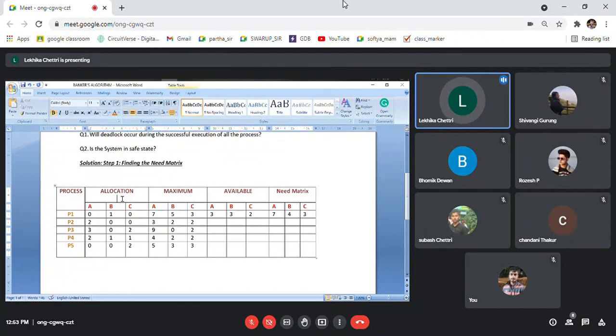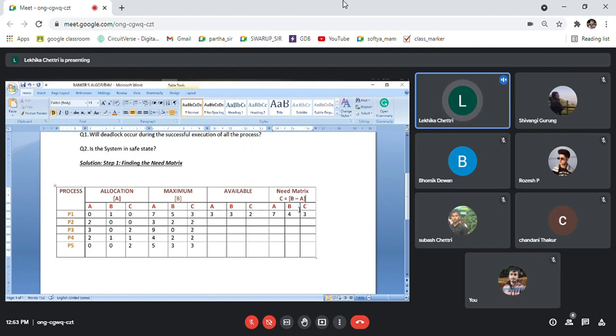Let me write down here allocation A, B, C, and then available. Need is maximum minus allocation: if I perform B minus A, this is your need matrix. Before you assign this, you will have to run the need matrix algorithm.